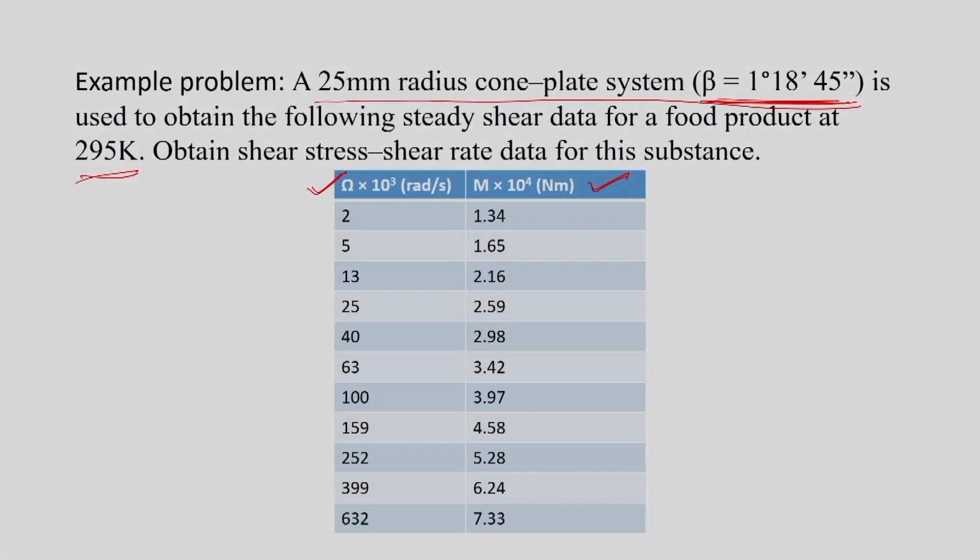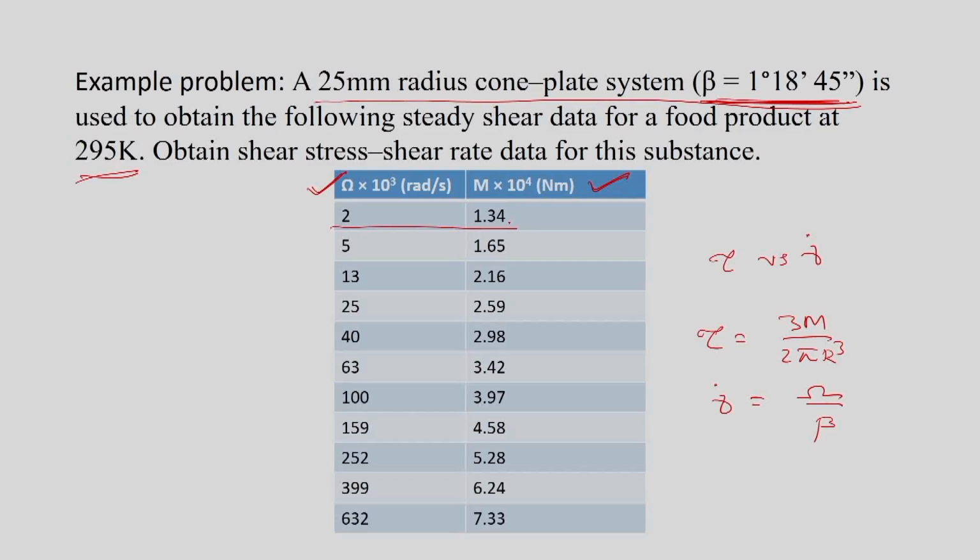From this information, you are supposed to get the tau versus gamma dot information. Tau you can get as 3 M by 2 pi r cube, and gamma dot you can get as omega by beta. You can apply these principles and do the simplification.